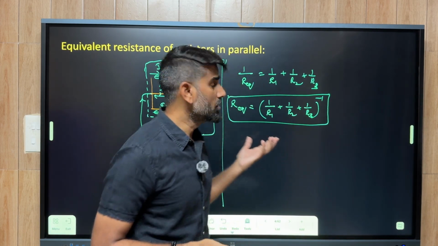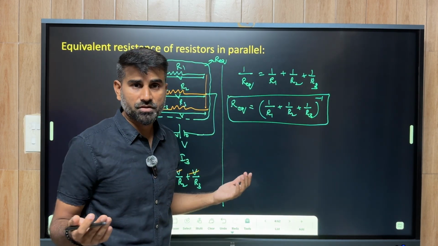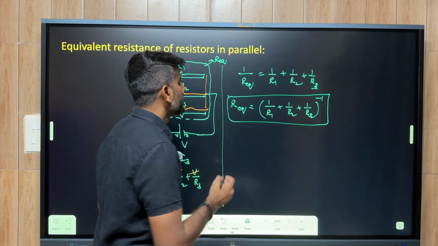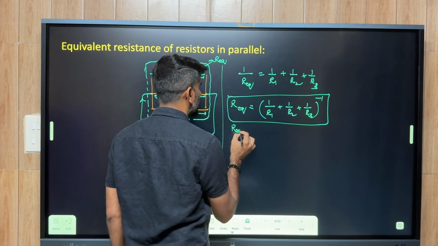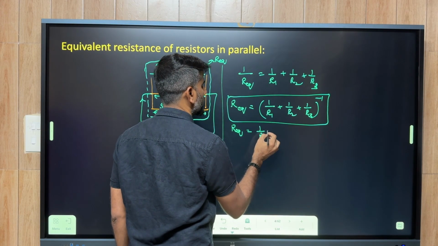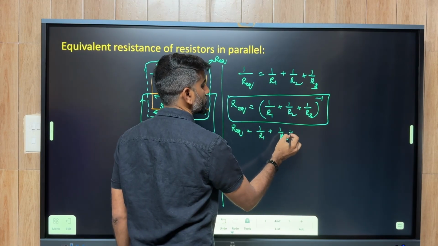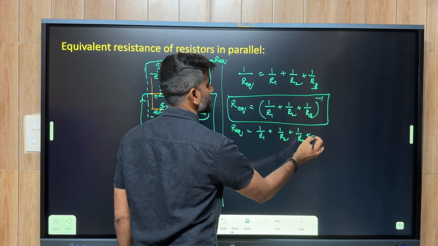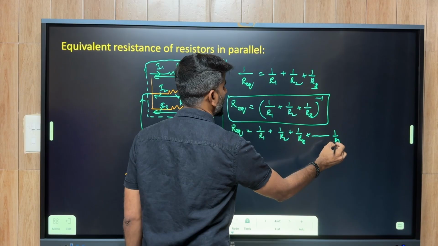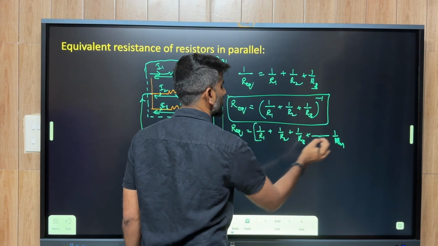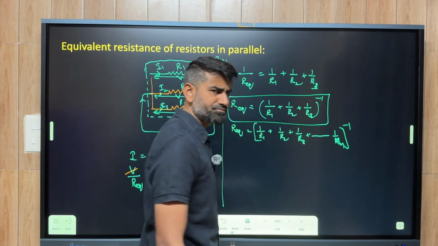If this circuit has n number of resistors connected in parallel, then the equation will be R equivalent equals (1 by R1 plus 1 by R2 plus 1 by R3 and so on up to 1 by Rn) whole inverse.